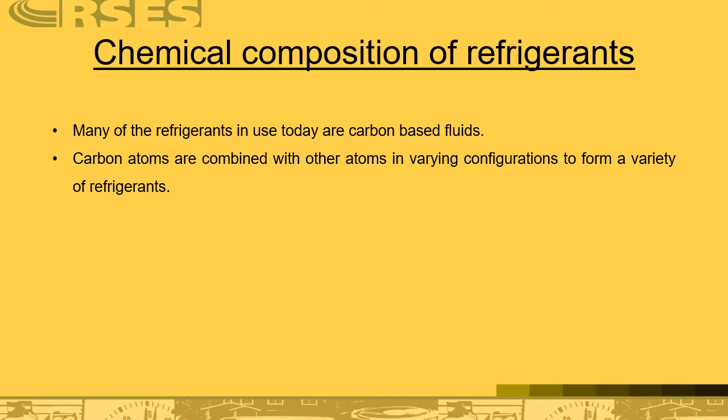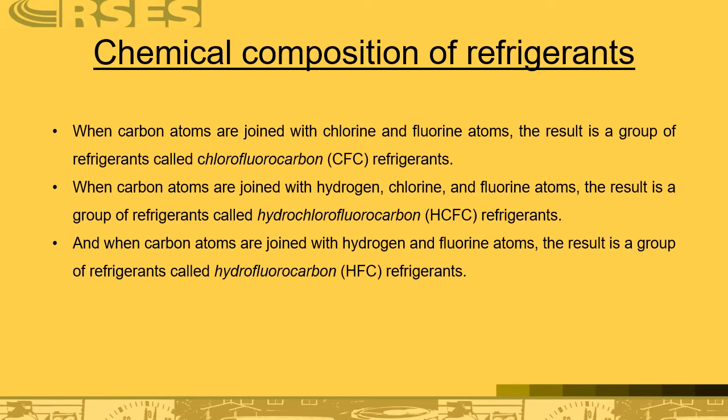Chemical composition of refrigerants. Many of the refrigerants used today are carbon-based fluids. Carbon atoms are combined with other atoms in various configurations to form a variety of refrigerants. When carbon atoms are joined with chlorine and fluorine atoms, the result is a group of refrigerants called chlorofluorocarbon, CFC refrigerants, which have now been banned.